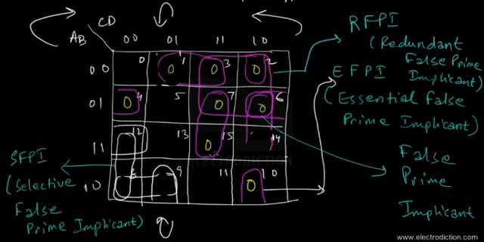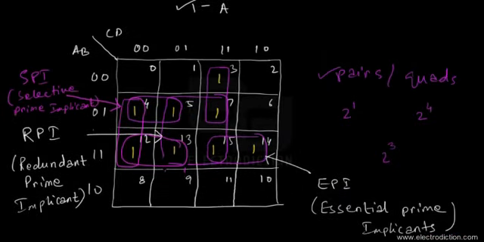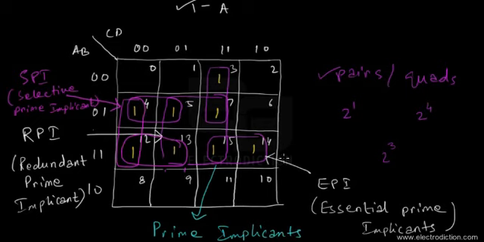Whatever groups you get over here are referred to as false prime implicants. And for the SOP system of Karnaugh mapping, all the groups that we have over here are each referred to as a prime implicant, whether the groups are groups of 2 or 4.